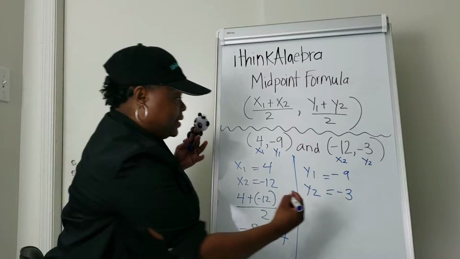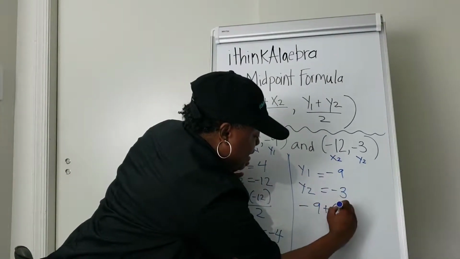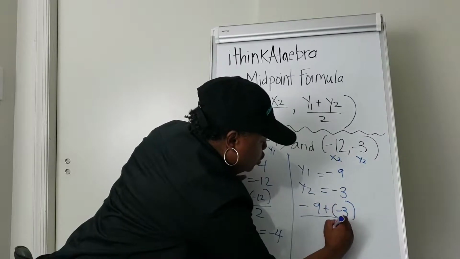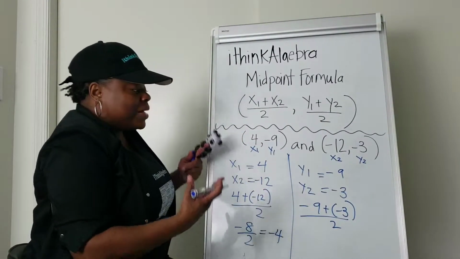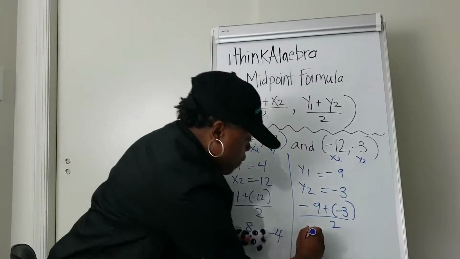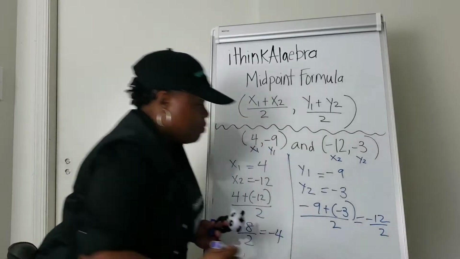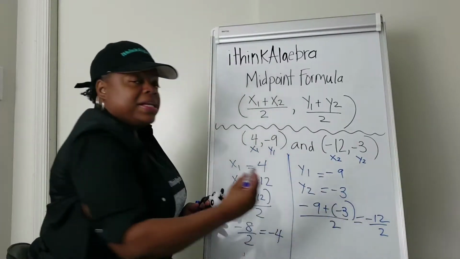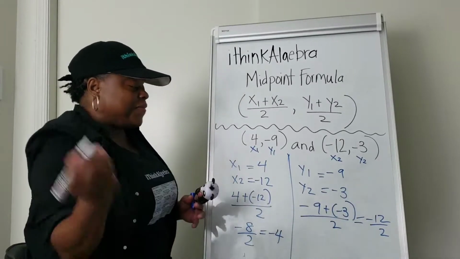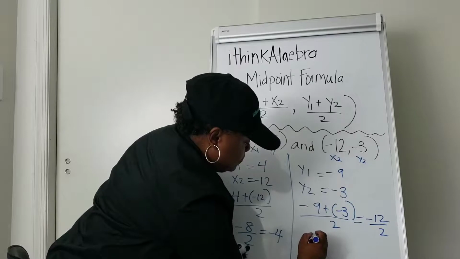We got a -9 plus a -3 over 2. -9 and you add a -3 is going to give you a -12. So now we have -12 over 2, or 2 divided into -12, is going to give me a -6.